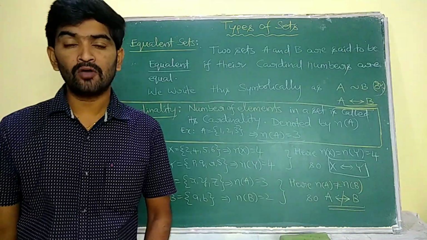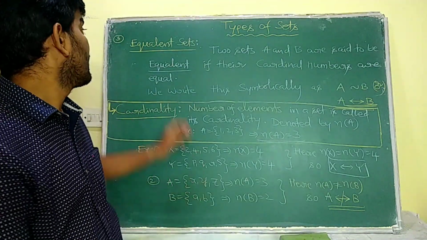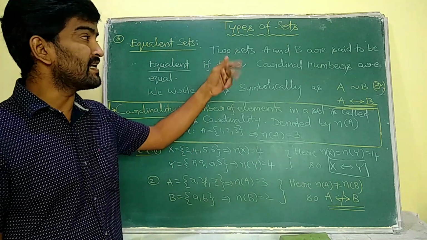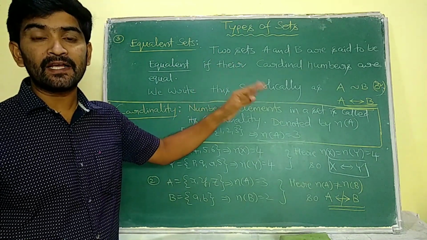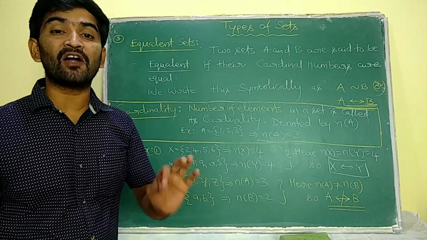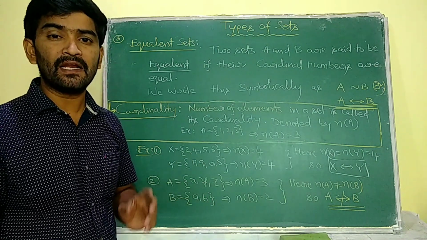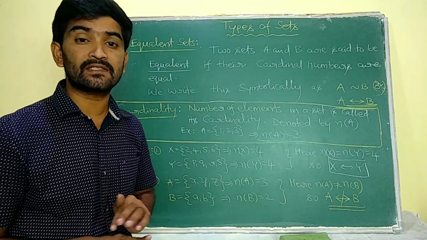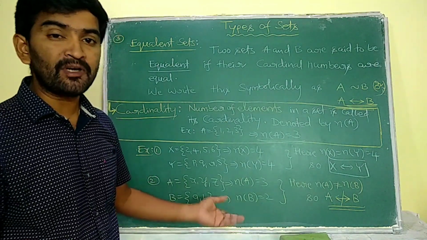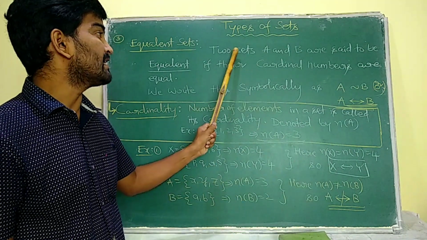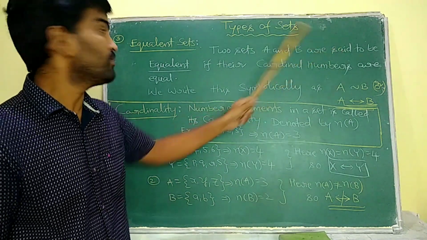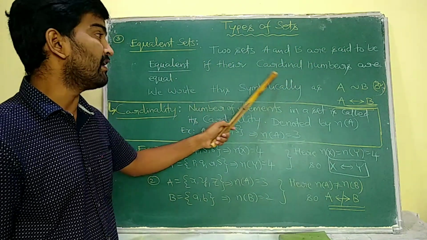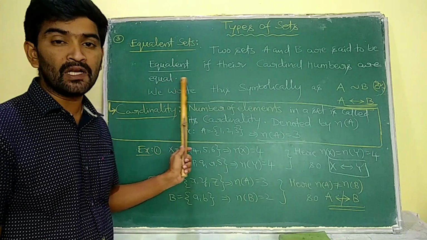Now equivalent sets. Two sets are said to be equivalent if they have an equal number of elements. If the two sets have an equal number of elements, then those two sets are said to be equivalent. Now coming to the definition, two sets A and B are said to be equivalent if their cardinal numbers are equal.